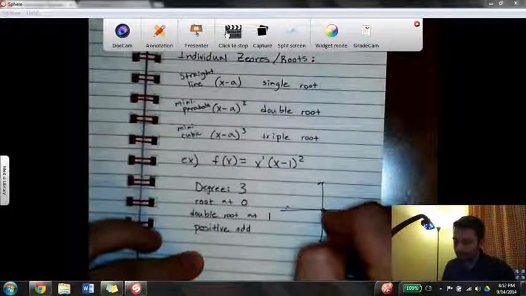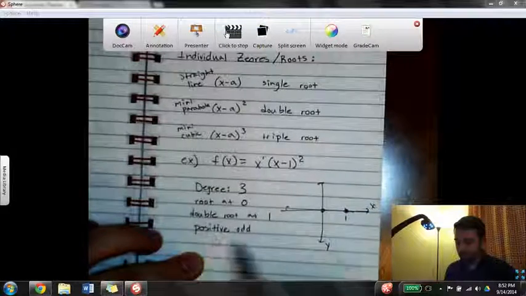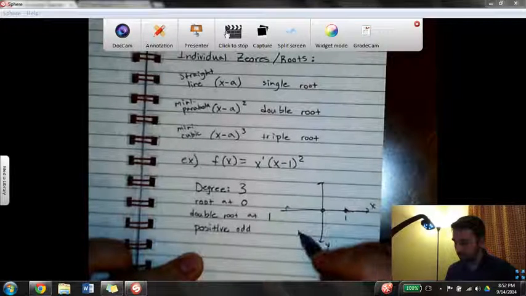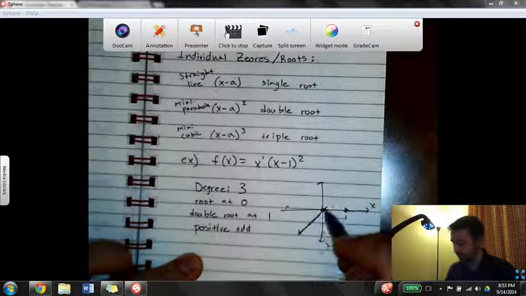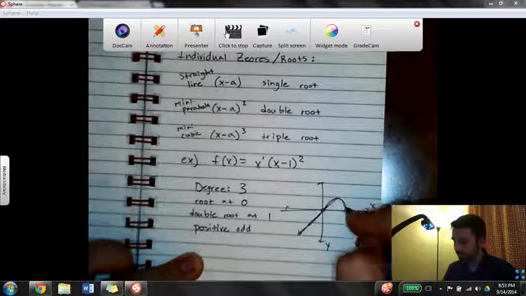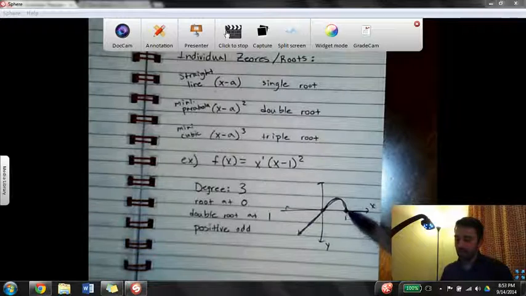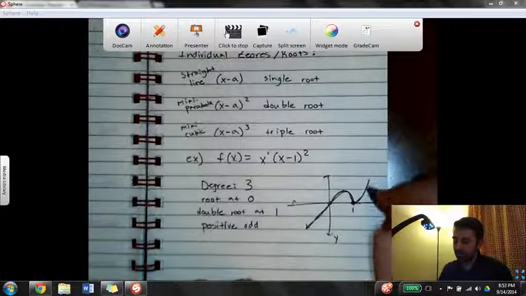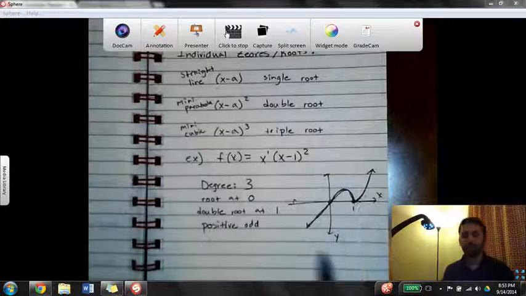We have a root at 0, and then a double root at 1, and if it's a positive odd, we'll start in one direction, passing through the point (0, 0), and then we have to change directions in order to hit our root at 1, but since it's a double root, it's only touching, not crossing, and so it will bounce back and increase. And so our function will look like this.